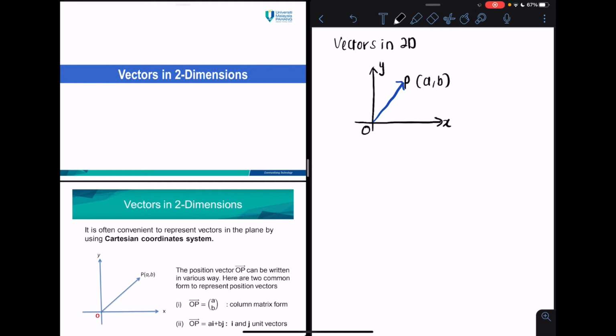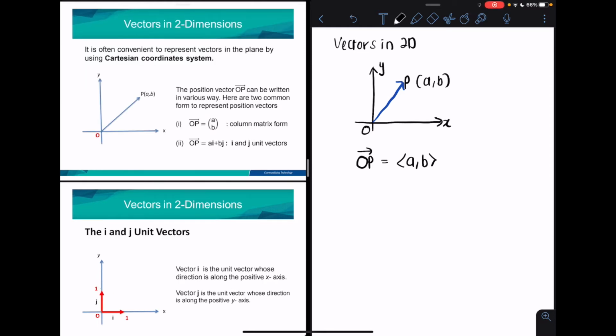If the question asks you to construct the position vector of point P, basically you will have OP, and then you will have this arrow that indicates that you are talking about a vector. Based on these 2 points you will get a vector. This is a way to write a vector, which is by using this pointy bracket, or you can simply write it as AI plus BJ.